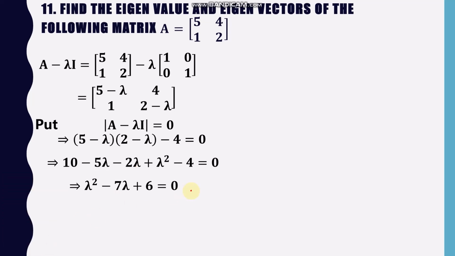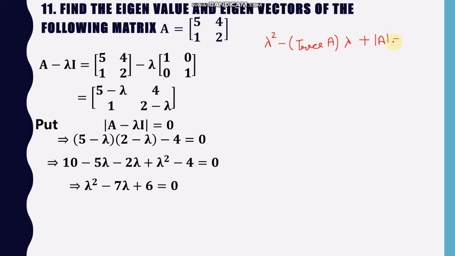I will tell you a shortcut way also to find out the characteristic equation. So the shortcut way is, whenever there is a 2 by 2 matrix, write down lambda square, then put minus, then with lambda you have to write down the trace of the given matrix, so trace of A will be written here, and plus the determinant of the given matrix equal to 0.